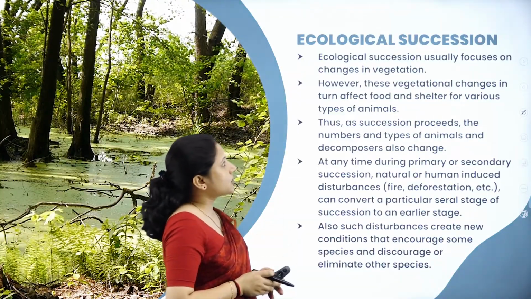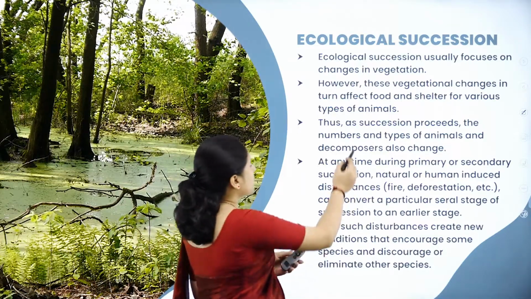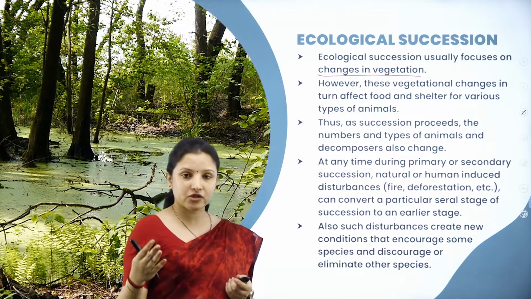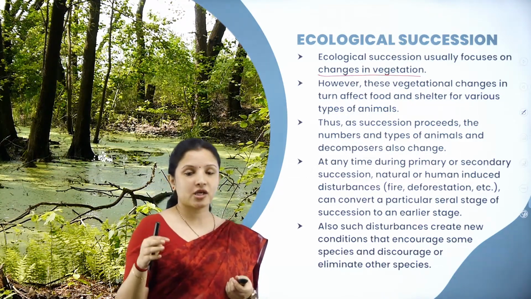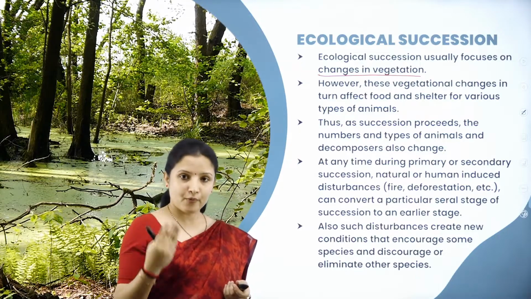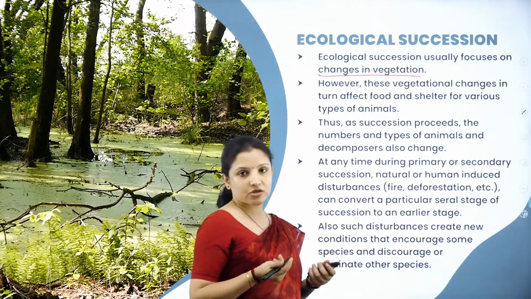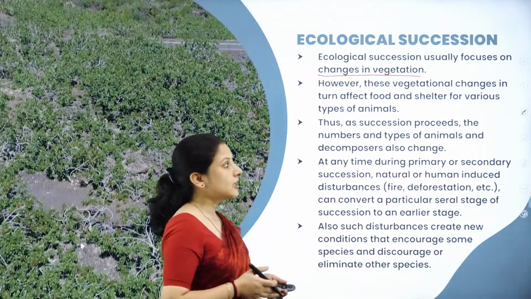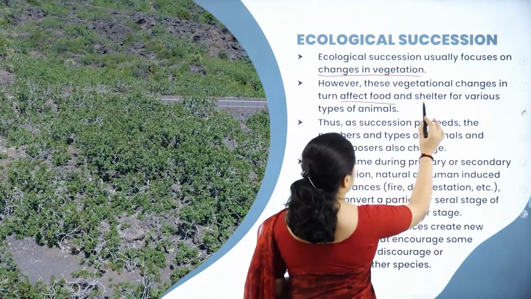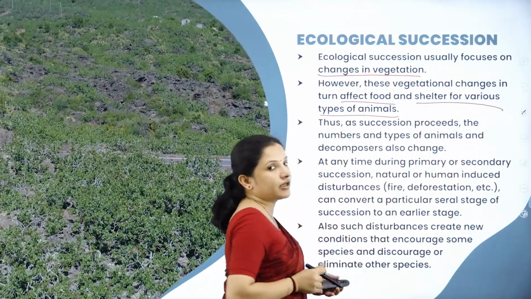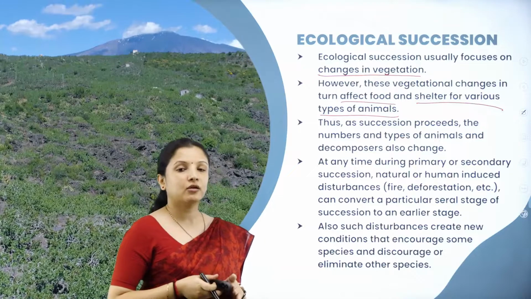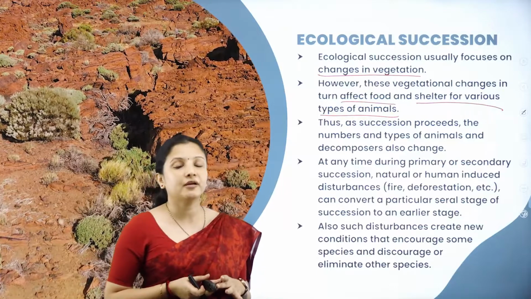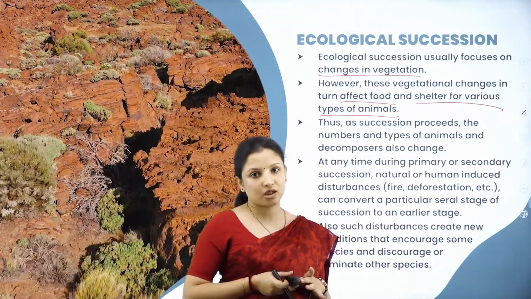So ecological succession usually focuses on change in vegetation. That is true, right? Like change in vegetation in a farmland, in a forest, in a pond. Based on change in vegetation, the ecological succession depends. However, these vegetational changes in turn affect the food and shelter for various types of animals. Therefore, ecological succession can also be a threat to various animal species that are dependent on a particular type of food in that area.